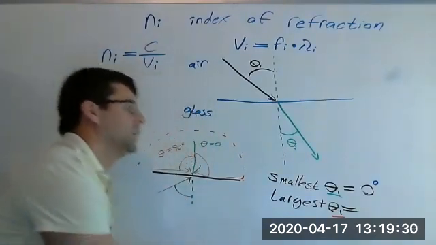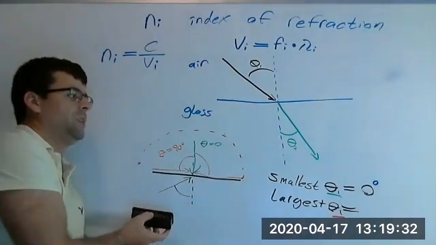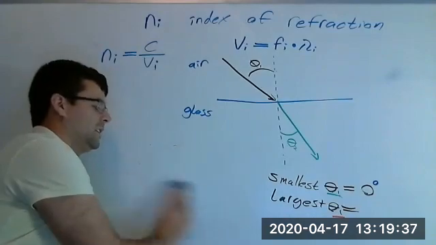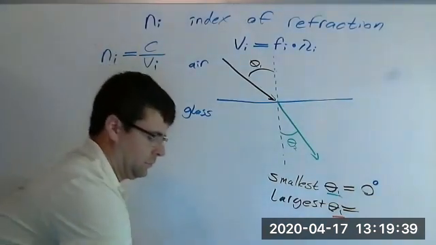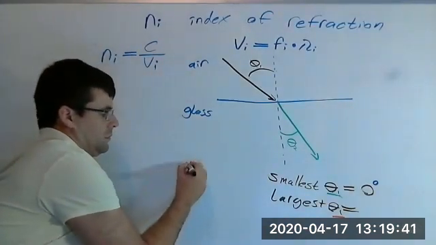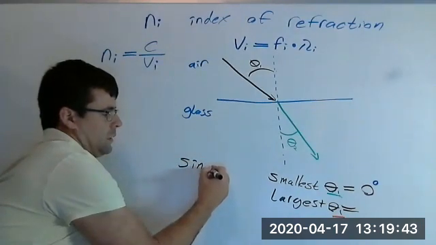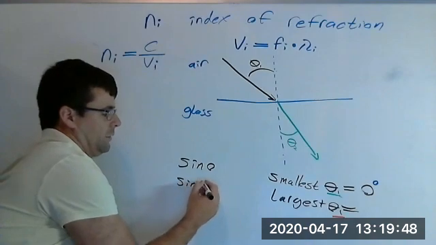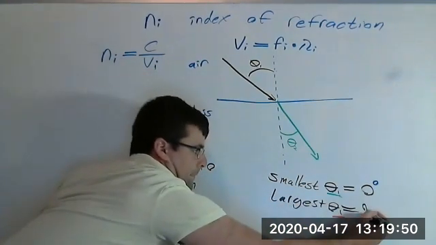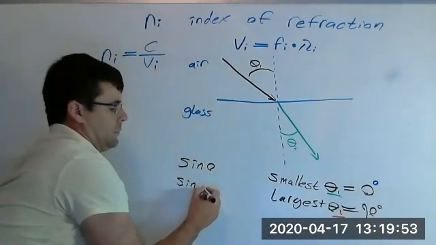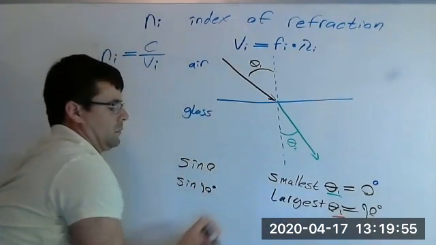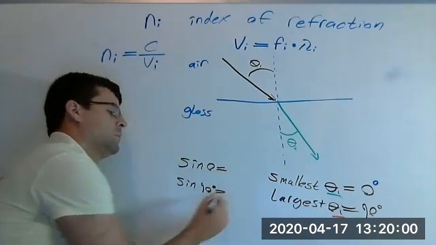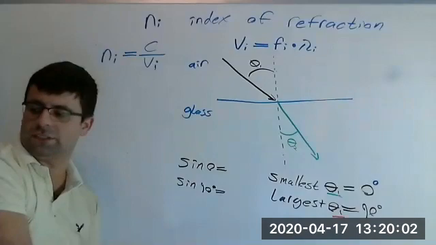So given that, what is the smallest value of sine theta? We have two options, sine of 0 and sine of -1. What is sine of 0 degrees?